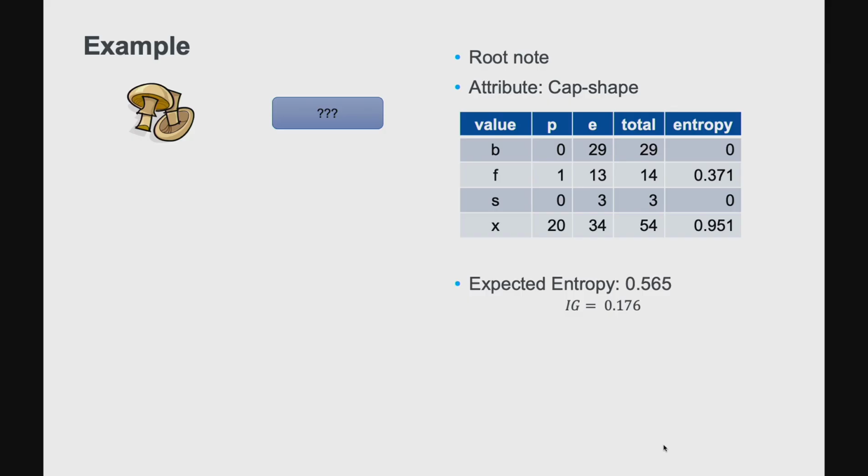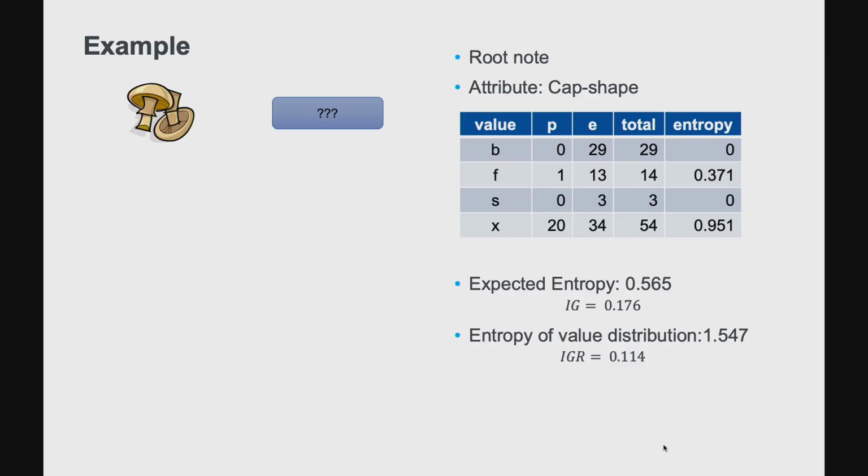The expected entropy from weighing over these 4 is 29 times 0 plus 14 times this plus 3 times 0 plus 45 times this, divided by the overall number. That gives us an expected entropy of 0.565, and compared to the original entropy, this means an information gain of 0.176.